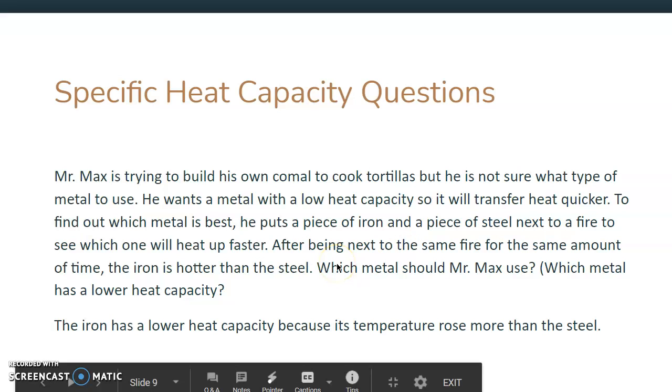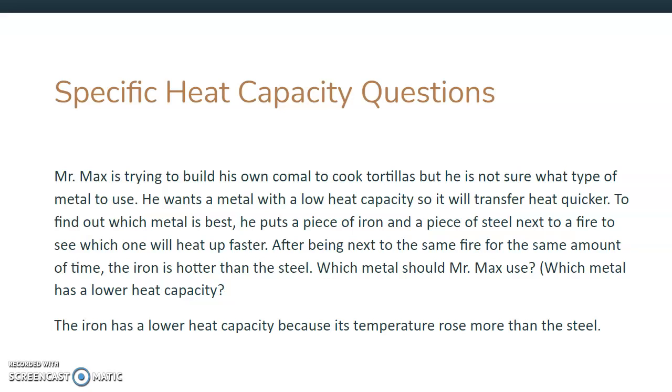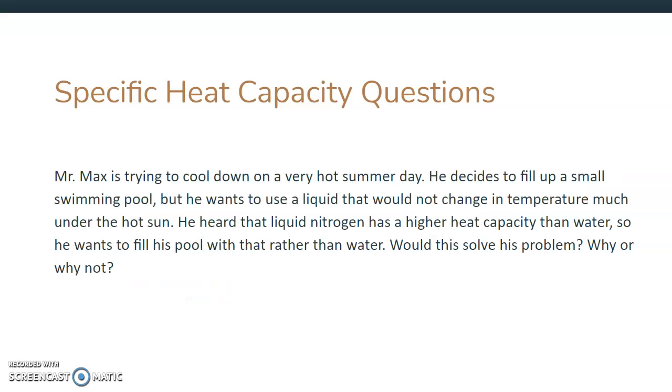Sometimes we want things with low heat capacities because we want things to heat up quickly. Other times we want things with high heat capacities because we don't want them to change temperature. I hope that gives you an idea of what heat capacity is, and we're going to start learning how to use it in calculations now.